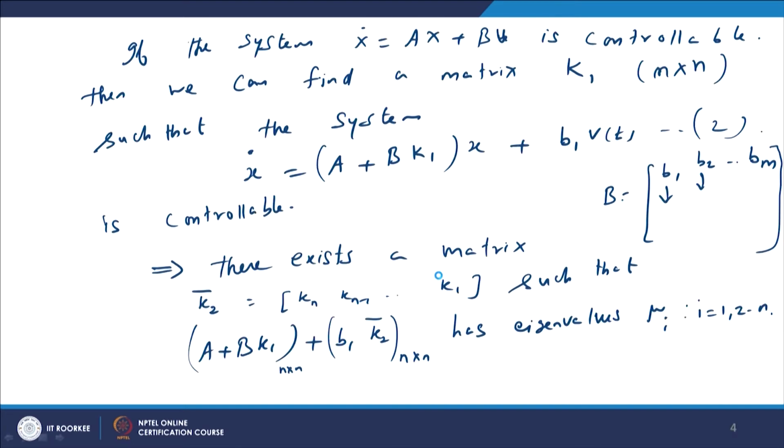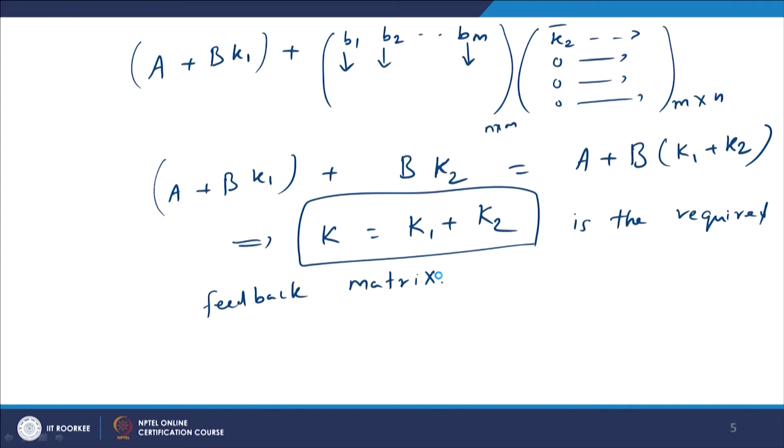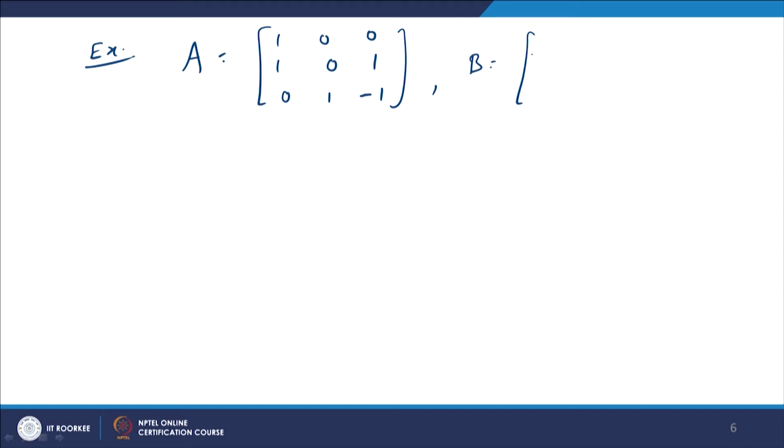So, this theorem is proved for the general case. Now, I will just illustrate it with an example quickly. This particular example was done in the previous lecture: A is the matrix 1 0 1, 0 1 minus 1, and B is the matrix 1 2 1 0 1 1.